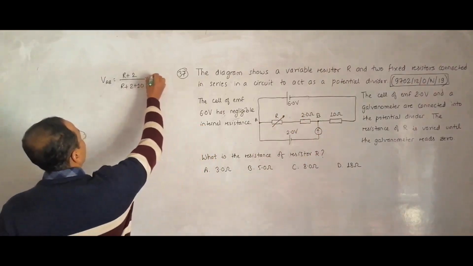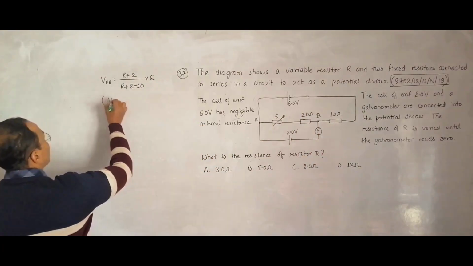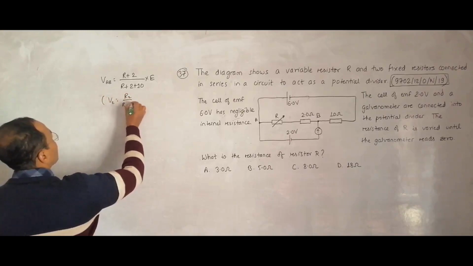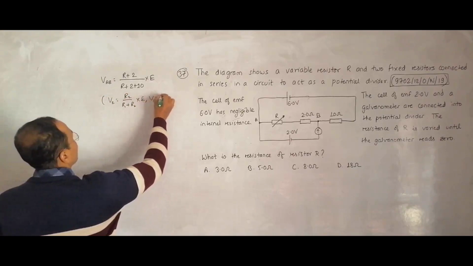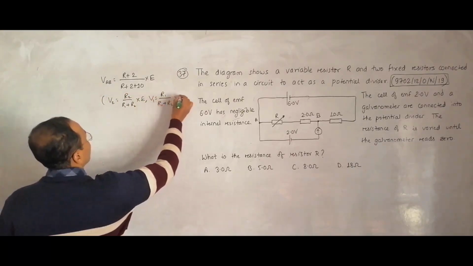This follows from the formula V2 equals R2 by R1 plus R2 into E, or V1 equals R1 by R1 plus R2 into E.